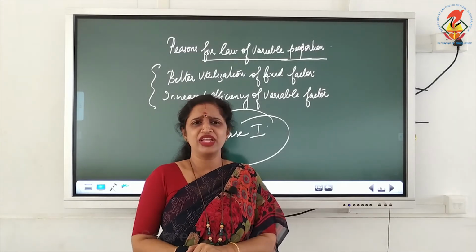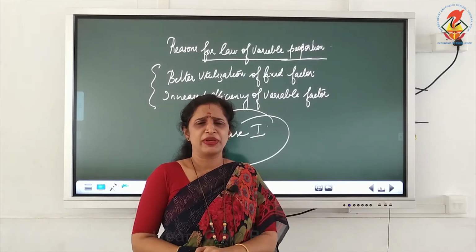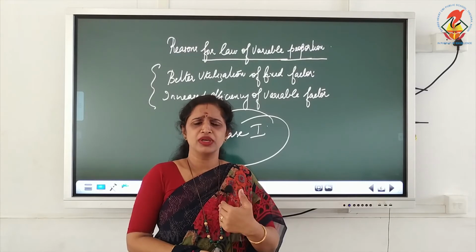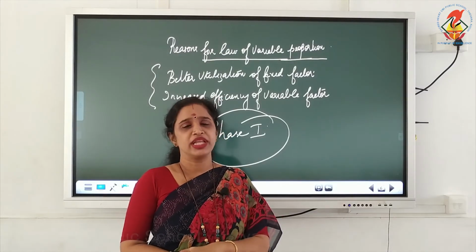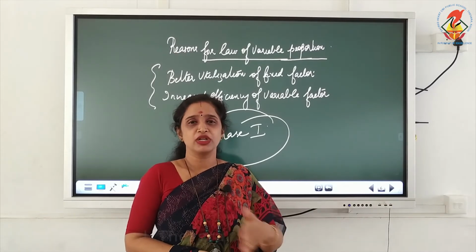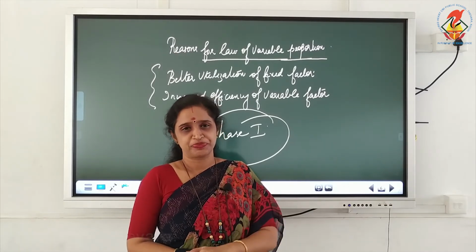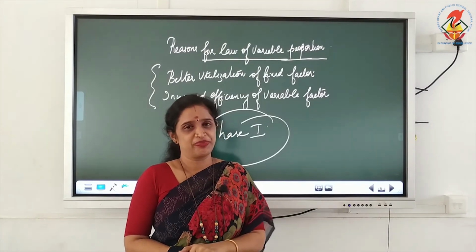So each and every machine will be assigned a particular number of workers, or in some machines there will be only one worker in front of the machine. Only one worker is needed so that the process can be done in a better way. Now that is one example.